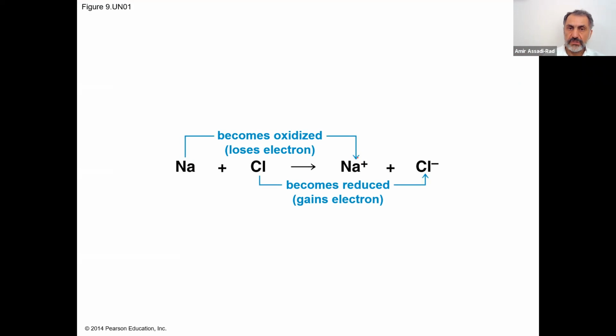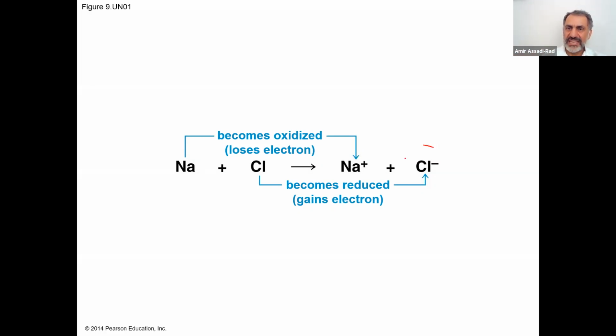You remember that? So it's oxidized. And chlorine becomes an anion, and it is reduced, because sodium is giving off an electron, and chlorine gains an electron.